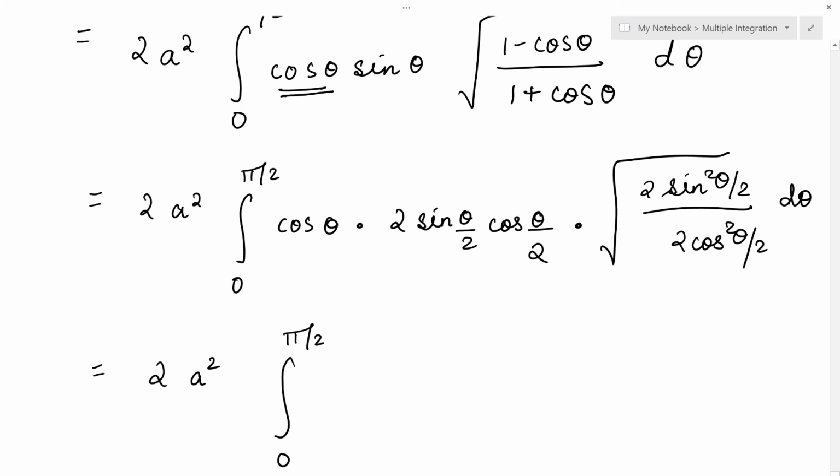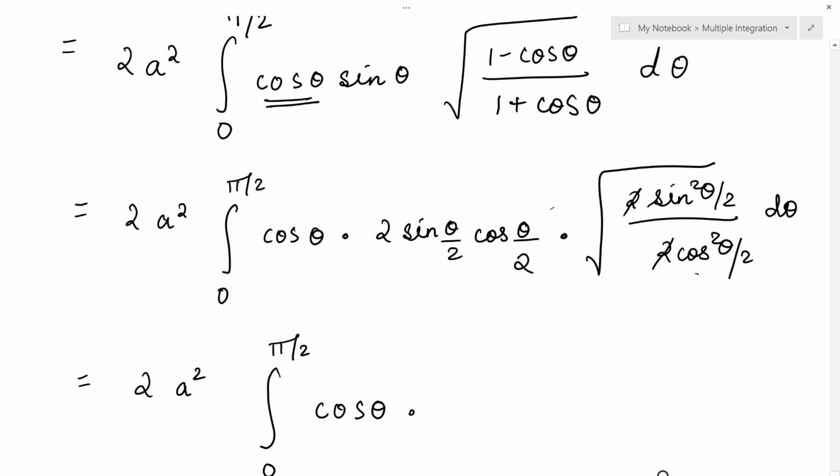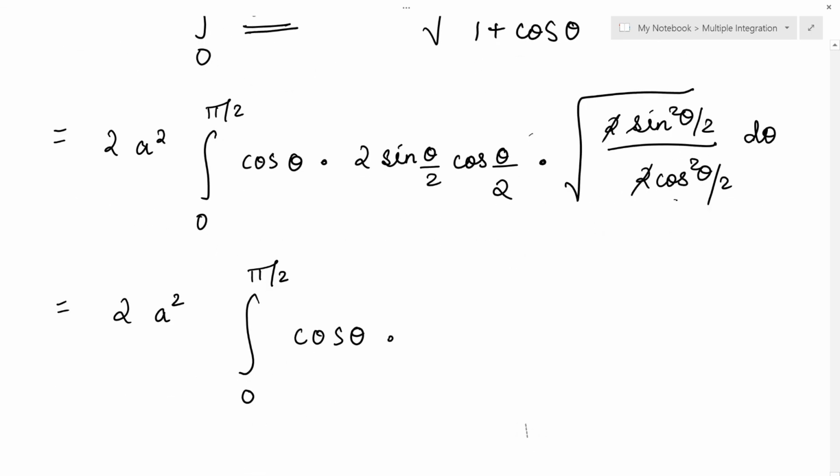So here 2 will get cancelled. And this cos theta as it is. So what you will have? The cos theta by 2 will get cancelled. This sine and sine becomes sine square. So sine square can be written as 1 minus cos.